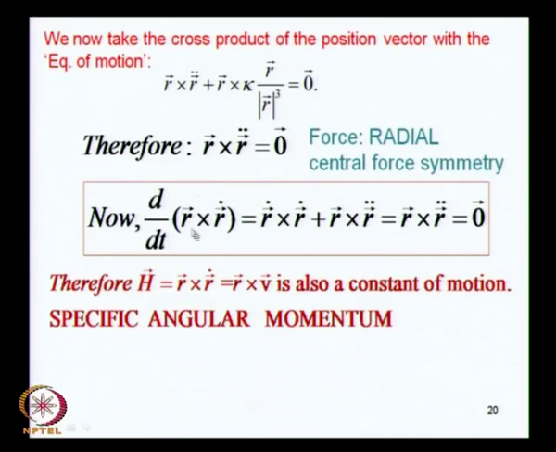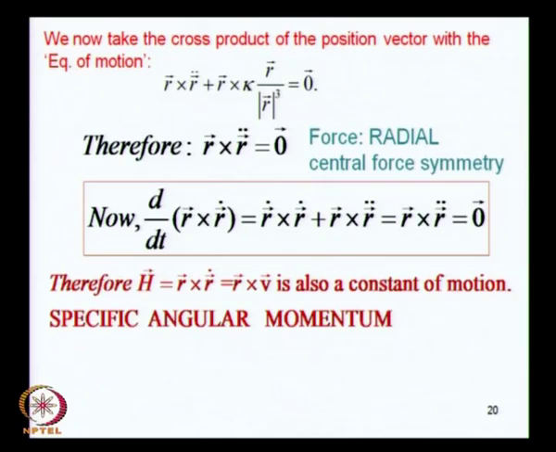The time derivative of the cross product of the position and velocity goes to 0. And if the time derivative of any quantity goes to 0, then that quantity is conserved. So, the cross product of position and velocity is a constant of motion, and that is angular momentum.